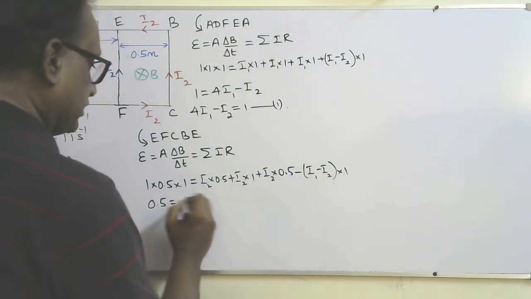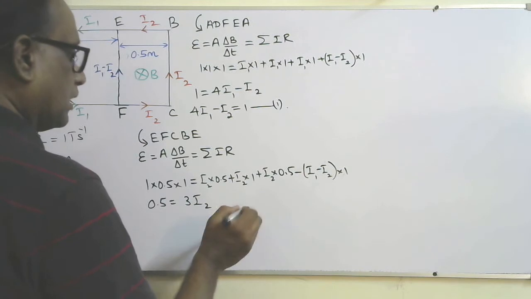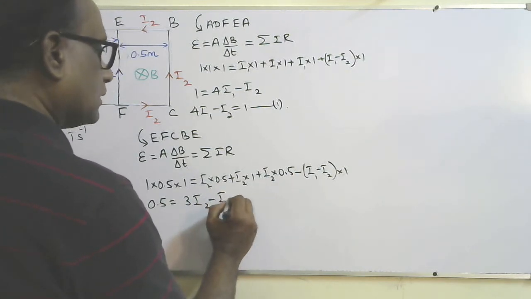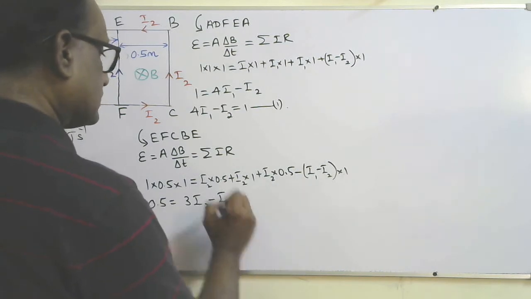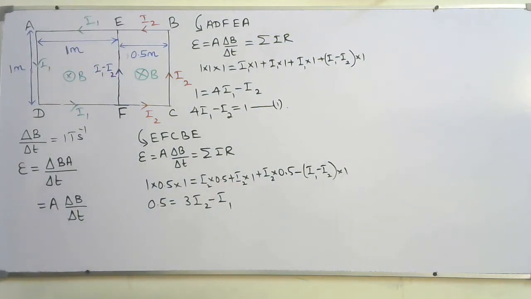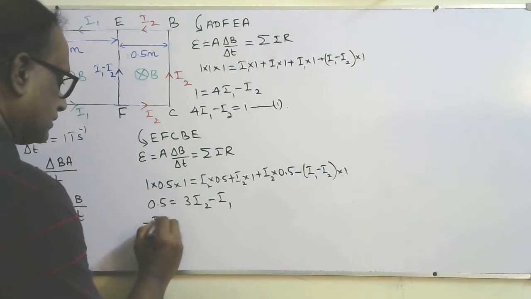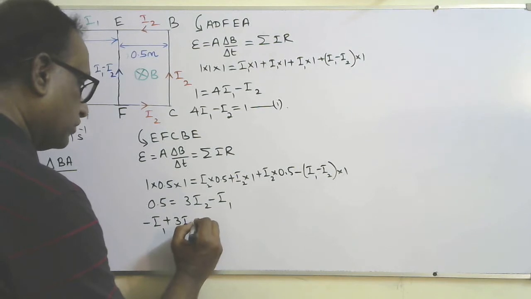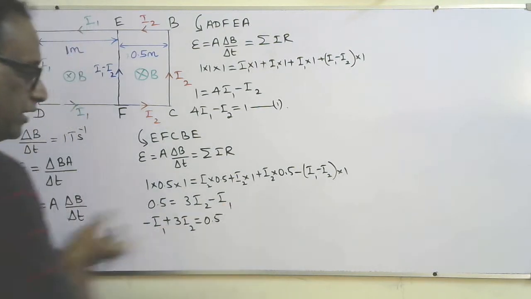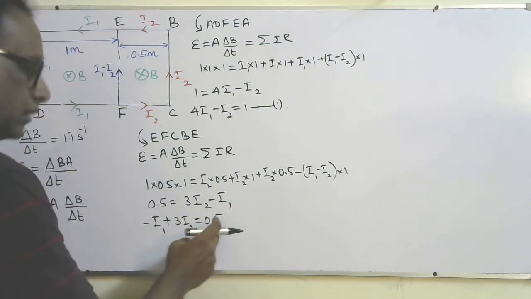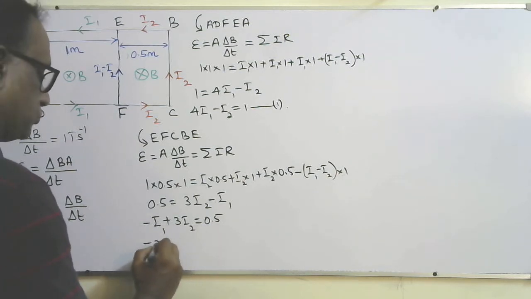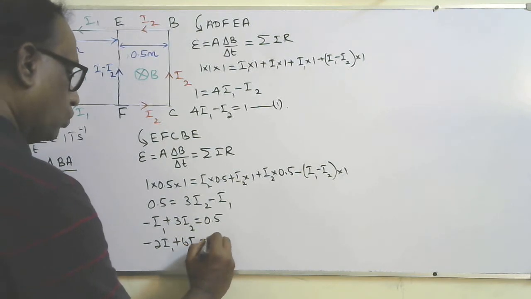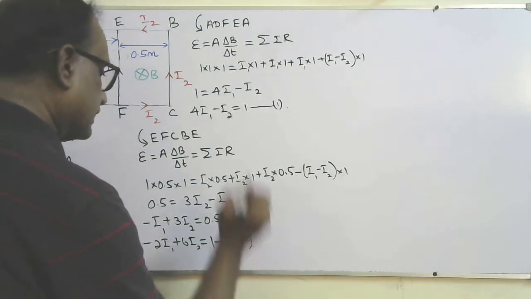So that is 3 I2. In terms of I1, there will be minus I1, so minus I1 plus 3I2 equal to 0.5. So multiply by 2, you'll get minus 2I1 plus 6I2 equal to 1. That could be equation 2, the second equation.